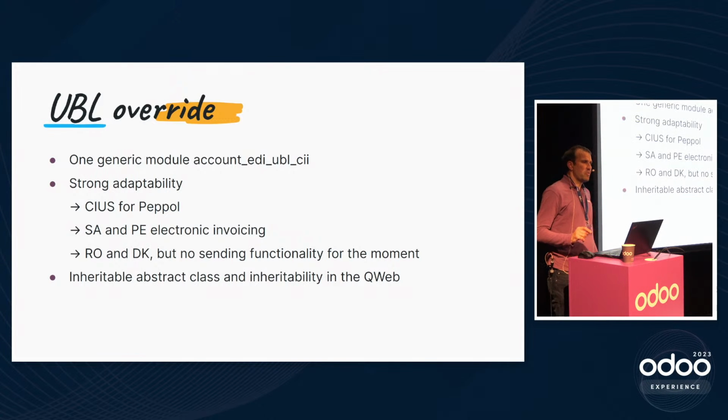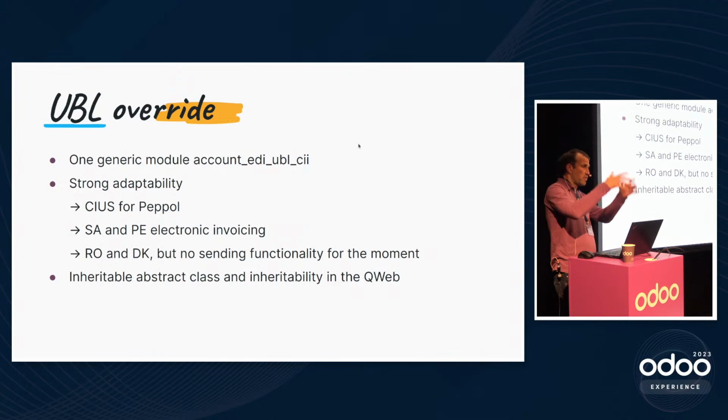For UBL, we actually did a lot to make it easy for you and for us to inherit it. At first sight, I thought we exaggerated in the things we prepared to inherit, because with UBL there are a lot of dialects.